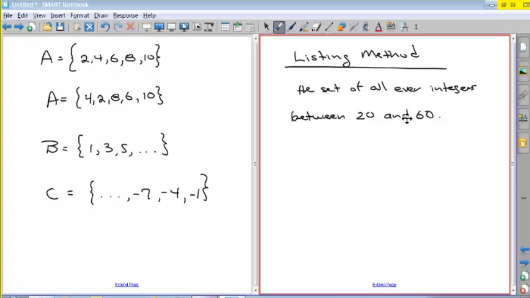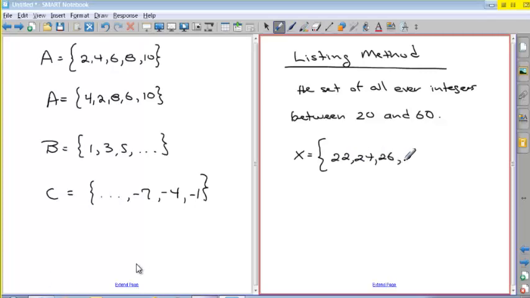Well, I don't really want to list 15 elements, so what I would do is I would write, I'd say set X is equal to, and what we do is we start at the first one that applies on the lower side. Now this is between, so that's where you guys got confused last time. Between means that it doesn't include the endpoints. So if we wanted to list this, we go to the next even integer, which would be 22, and then we would establish a pattern.